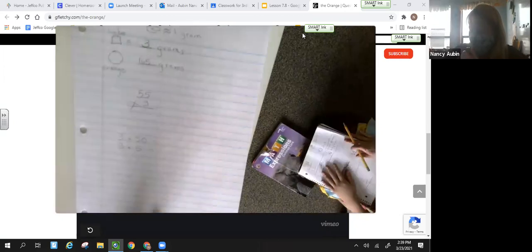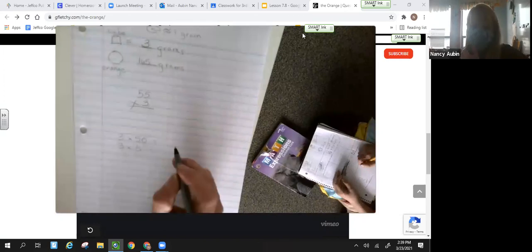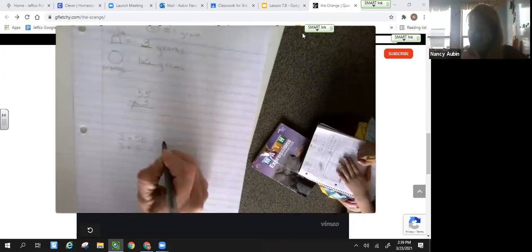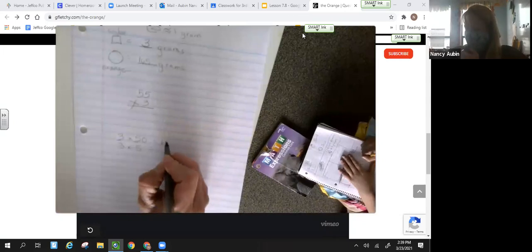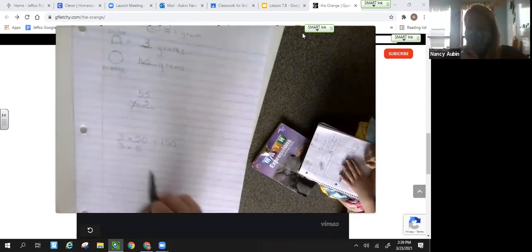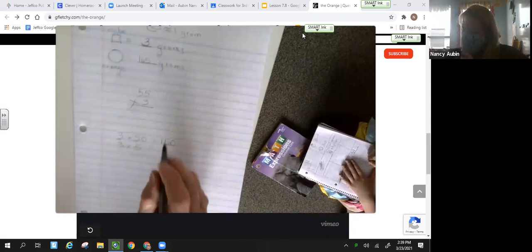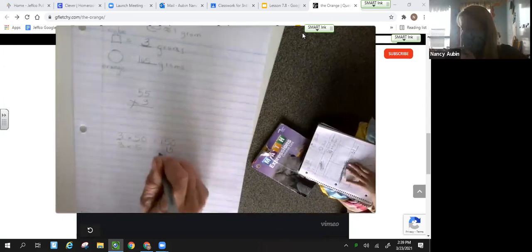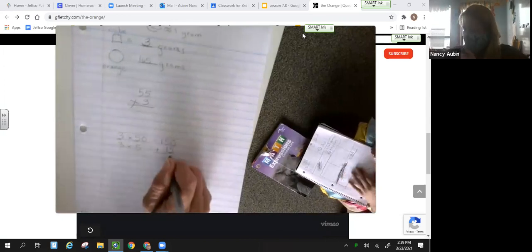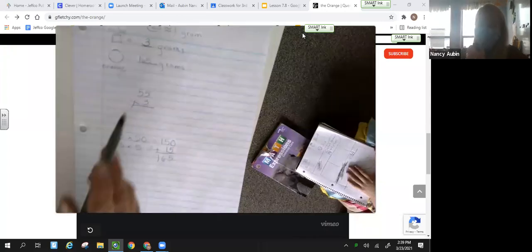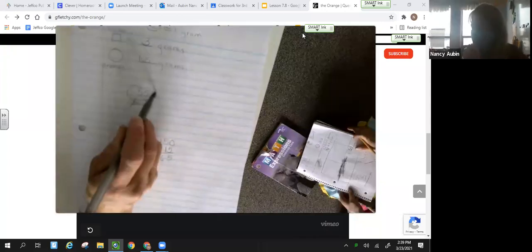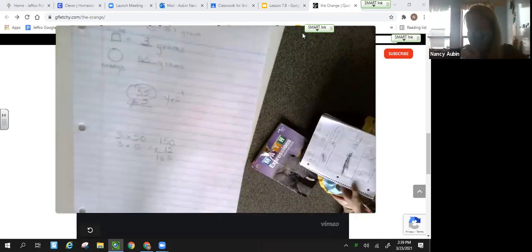What's 3 times 5? You just got to add the 0. 15 plus the 0. If I add those together, right? So was he right? Was it 55? Yes, it was. We just proved it.